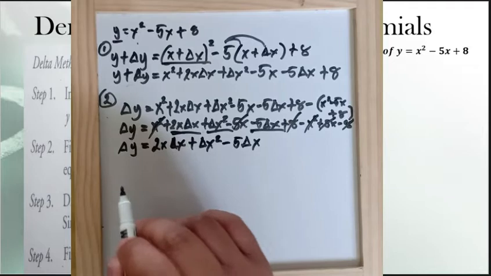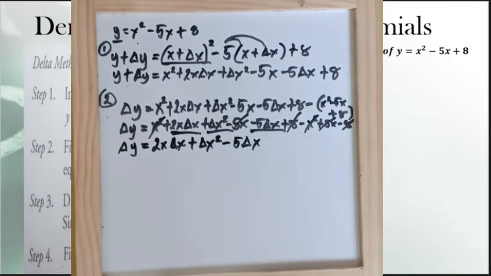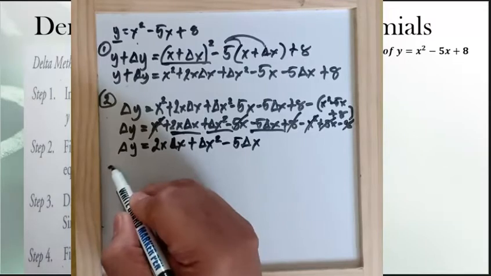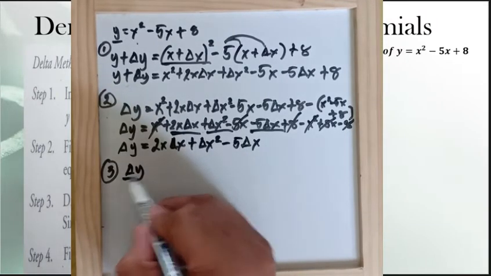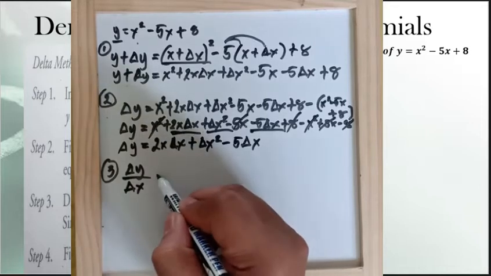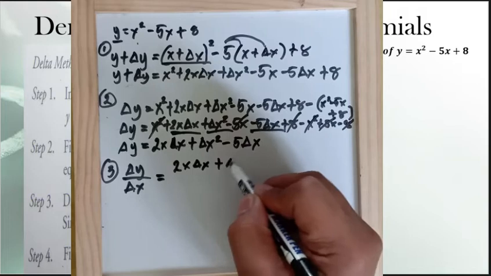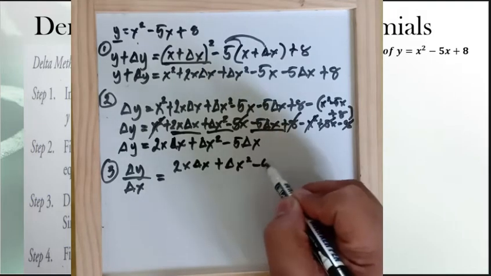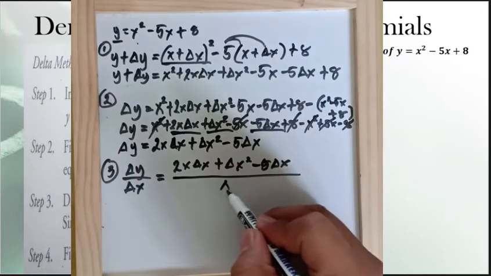So we are now done in step number 2. How about step number 3? Step number 3 says divide both sides of the equation obtained in step number 2 by delta x. So let's do it. We need to divide delta y by delta x is equal to 2x delta x plus delta x squared minus 5 delta x, divided by delta x.